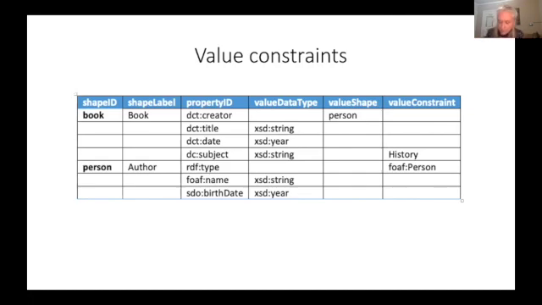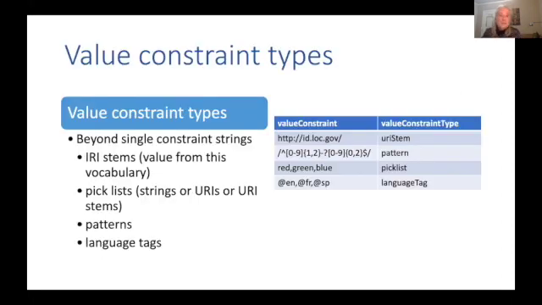Now, value constraints get to be a bit complicated, and we've worked on this quite a bit and have tried to limit ourselves to a few of what we consider to be the most common value constraint types, although in the end, we may end up adding some more. It's hard to know. But this is where we are with this today.